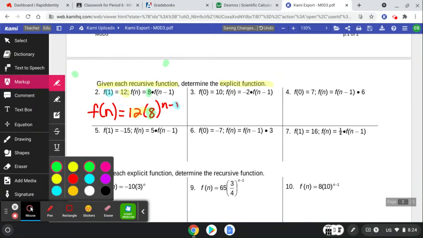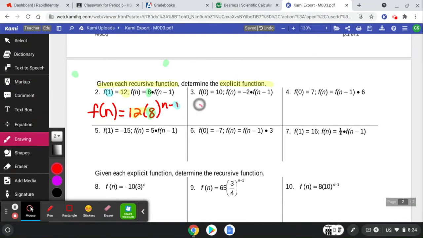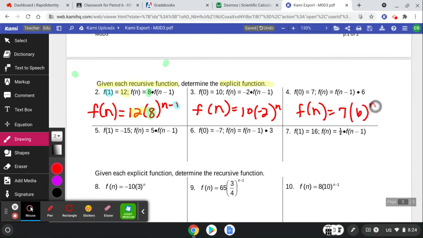Okay, let's go do a couple more. This time it begins with 10 multiplying by negative 2 each time to the power of n. And you can write n minus 0 or just n, whatever works for you. This one begins with 7 multiplying by 6 each time to the power of n minus 0.